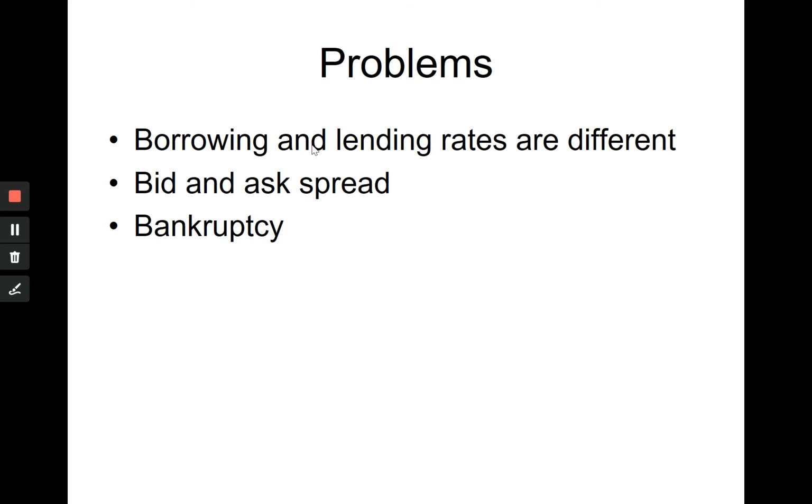Bankruptcy is a point. What if the Japanese go bankrupt in this case and don't pay us the loan back? The best way to deal with bankruptcy is to go after government bonds that are almost riskless.